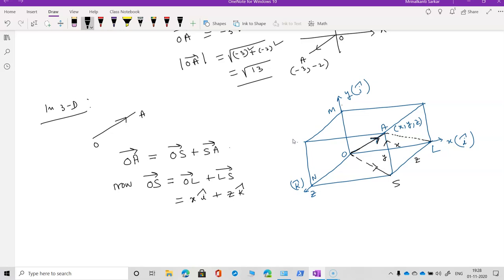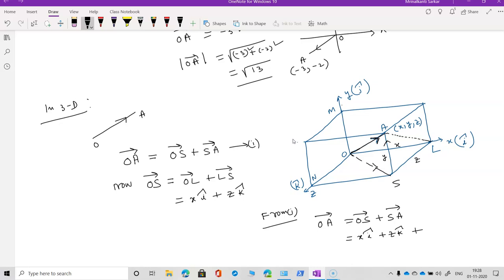So if I use this equation, from 1, OA equals OS plus AC, that is X into I cap, Z into K cap.